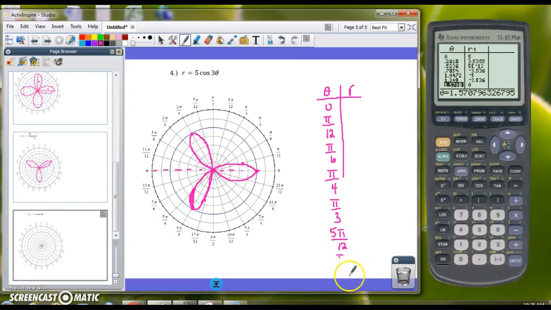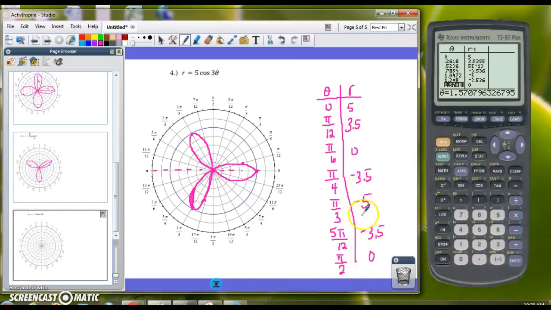If it helps you to do that, and you can write the table vertically or horizontally, and then fill in these values, 5, 3.5, 0, negative 3.5, negative 5, negative 3.5, and 0. If it helps you to do it that way because the decimals are throwing you off, then do that.